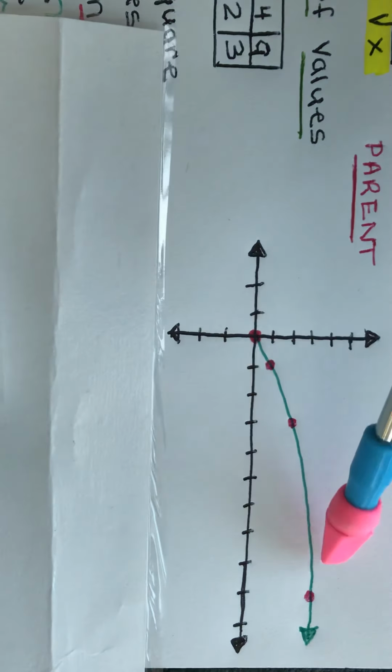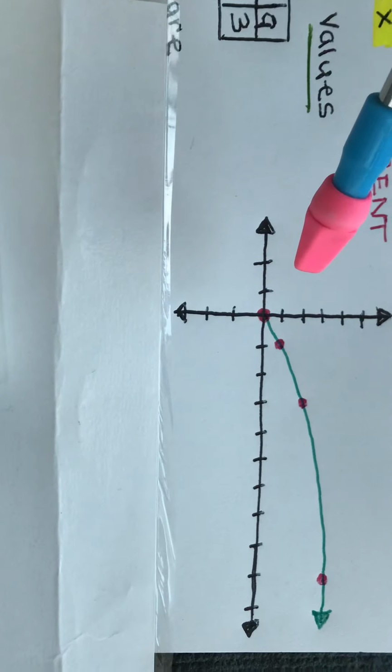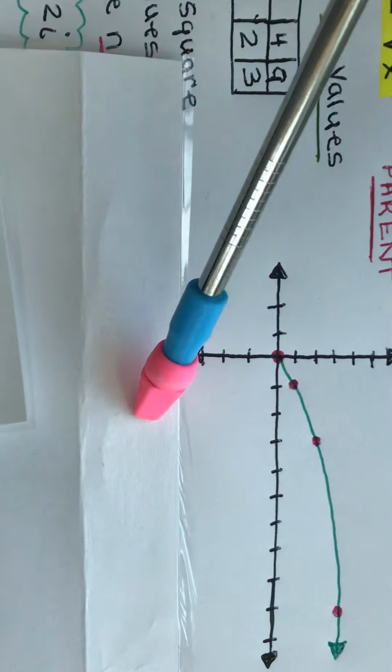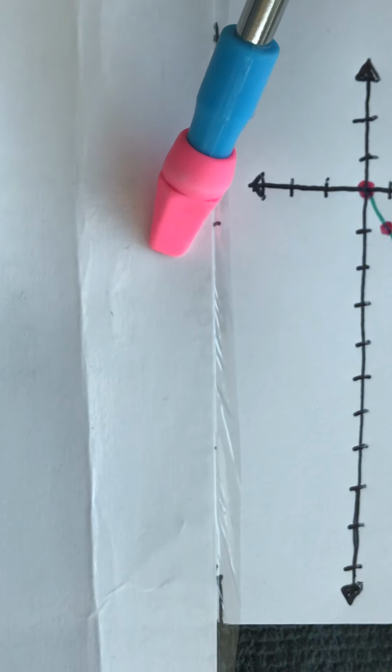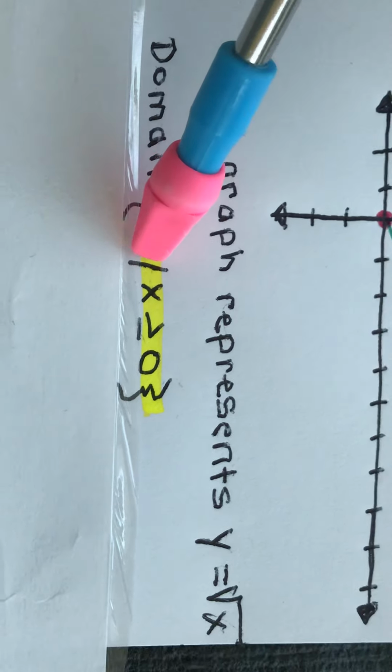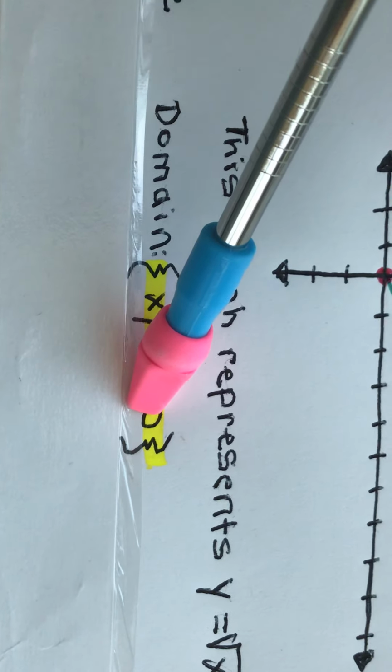And so if I look at this graph, my graph only occurs on the positive side of the x-axis. So my domain, which if you recall, domain means x values, my domain is x such that x is greater than or equal to 0.